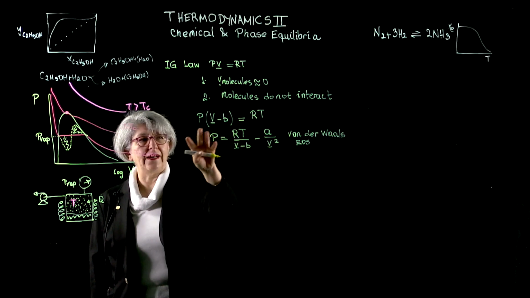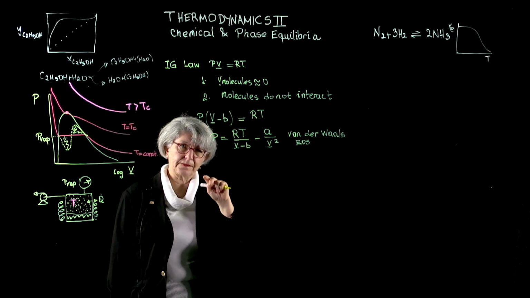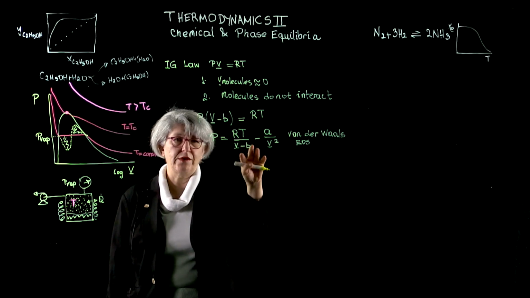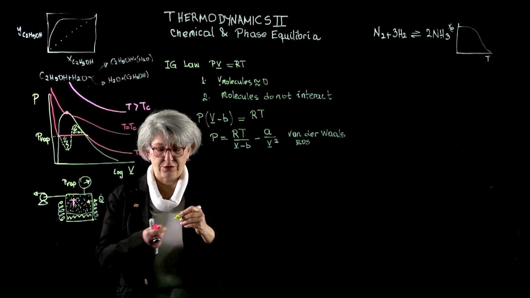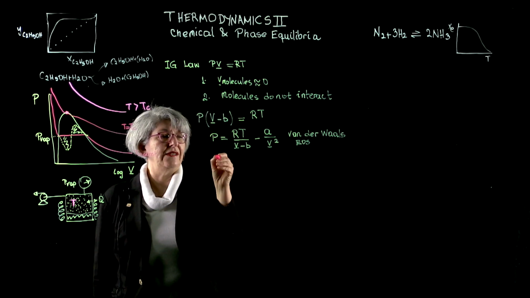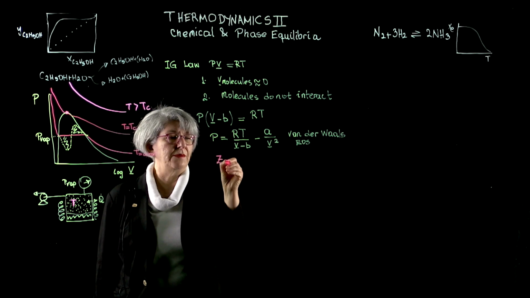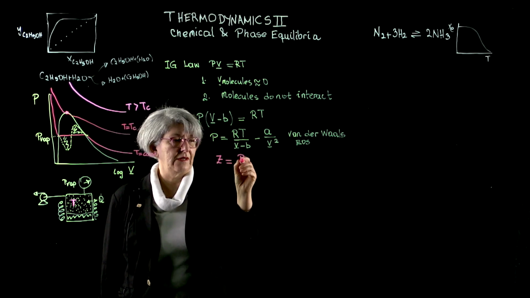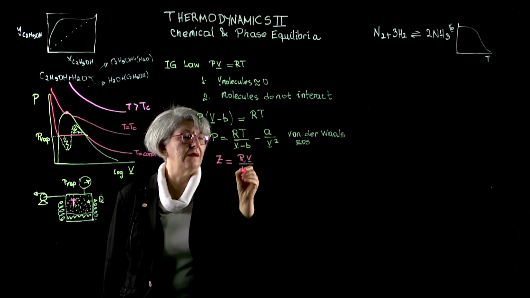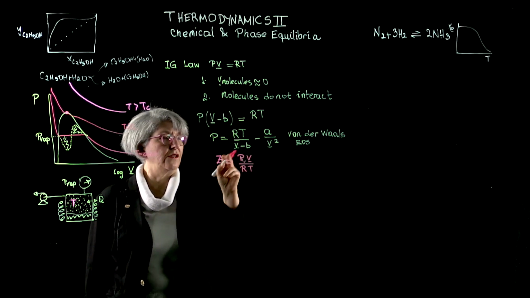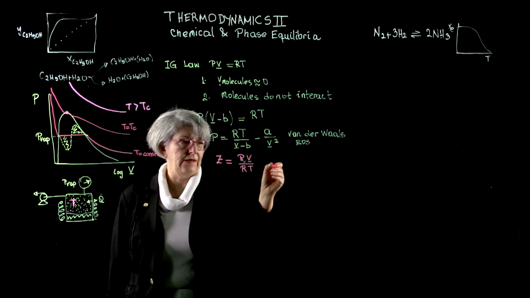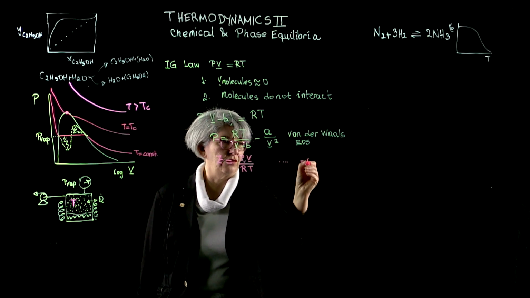So when we have a compressibility factor equivalent of this equation, I strongly recommend that you stop this video and derive the compressibility factor equivalent of this equation of state, which is going to look like that.